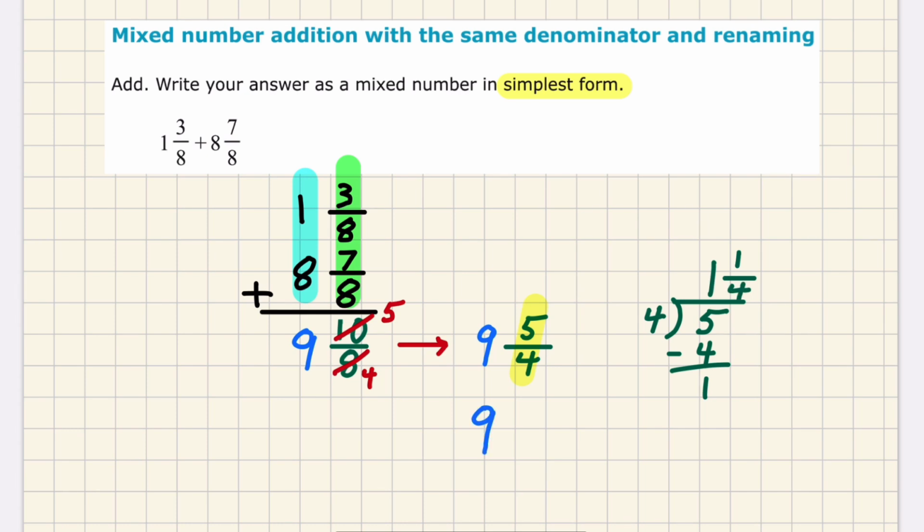So we now have the whole number 9, and the 5/4 is 1 1/4. The two whole numbers there, 9 and 1, will need to be added together. 9 plus 1 is 10, and the fractional part is in simplest form, so this would be our final answer.